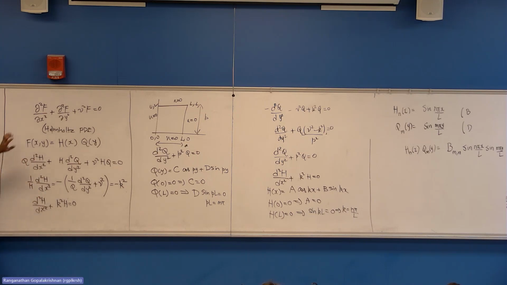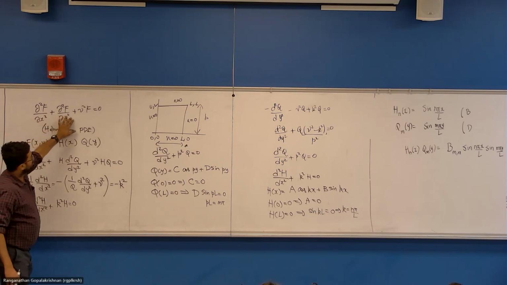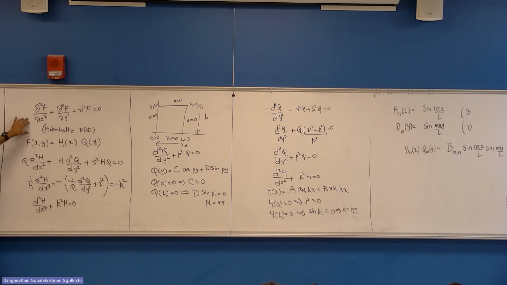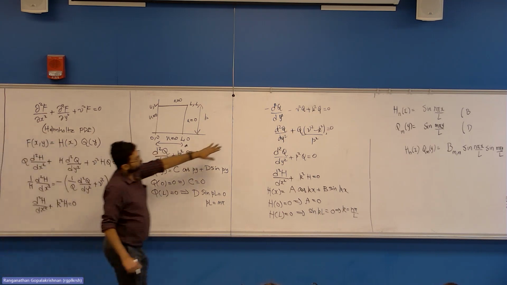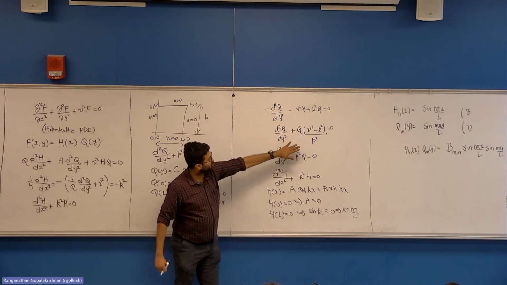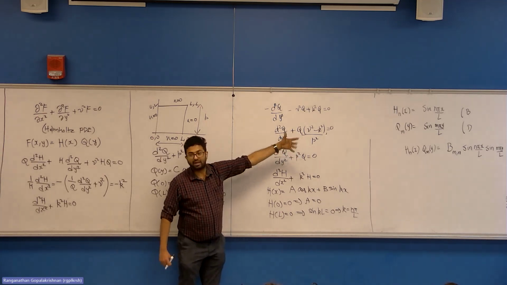So where did we get mu squared from? We got mu squared by splitting the original PDE, right? And k squared was introduced when you split it for the second time here. So the way these types of solutions work is that you consider only the values that are negative.